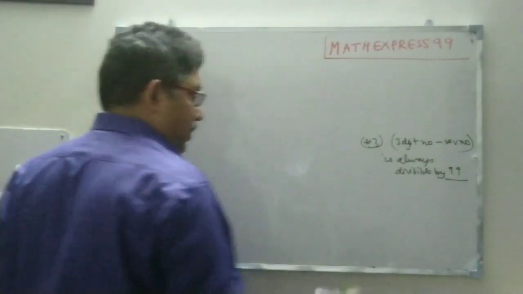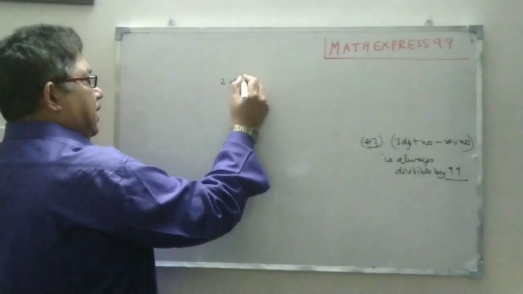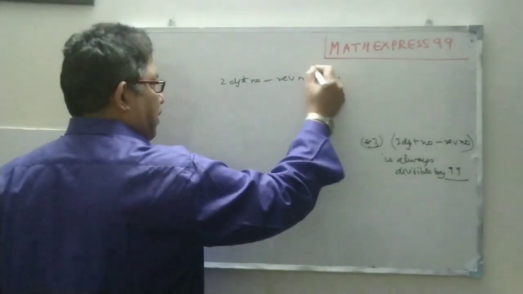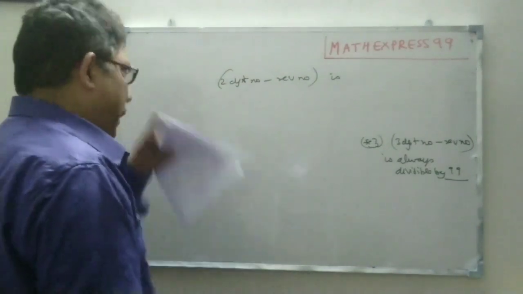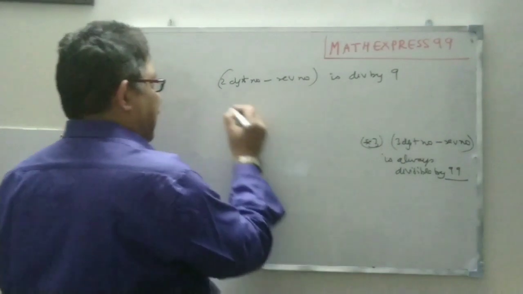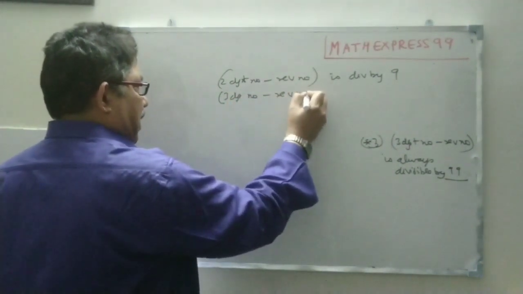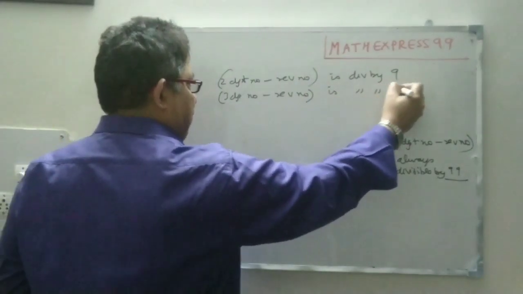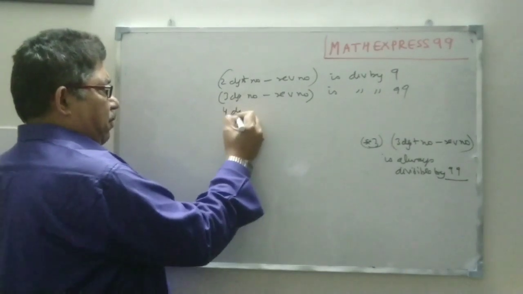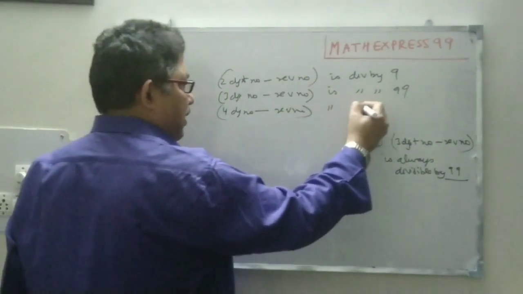See, 2-digit number minus reverse number, or the other way around, is divisible by 9. 3-digit number minus reverse number is divisible by 99. So what do you think will be 4-digit number minus reverse number is divisible by?